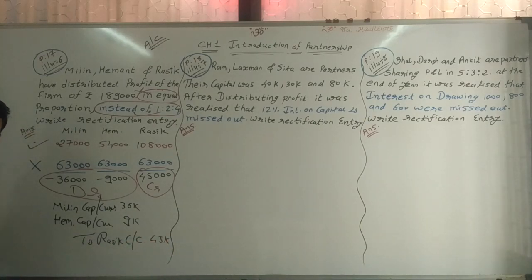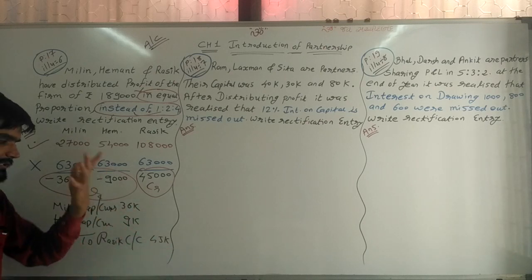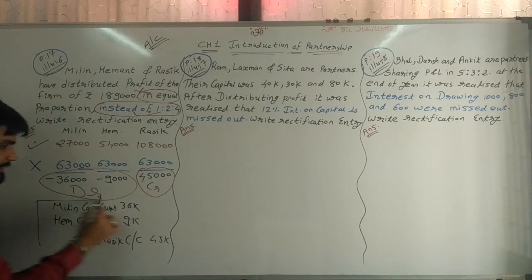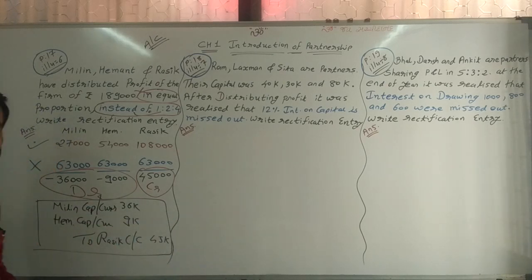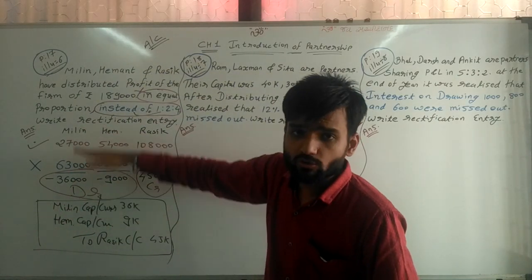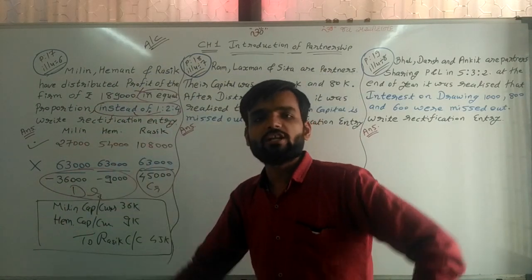And whenever you make the total of these two on the debit side, it becomes the credit total. So 36 plus 9, the answer is 45. So simple. Now for this journal entry, you are getting 3 marks. For that you have to do this calculation.